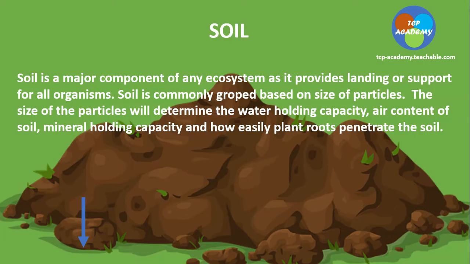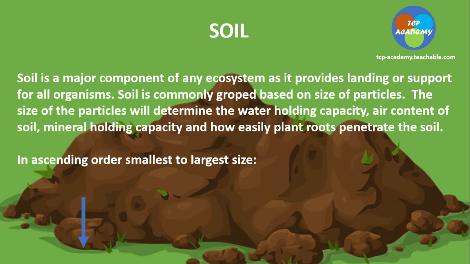Soil is a major component of any ecosystem as it provides landing or support for all organisms. Soil is commonly grouped based on size of particle. The size of the particles will determine the water holding capacity, air content of soil, mineral holding capacity, and how easily plant roots penetrate.